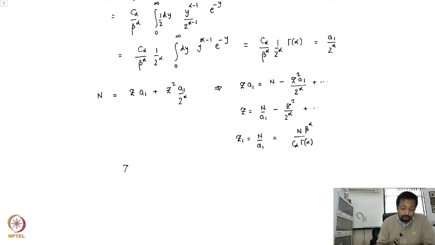So that my z becomes n beta to the power alpha over c_alpha gamma alpha, minus (n beta to the power alpha over c_alpha gamma alpha) whole square times 1 over 2 to the power alpha.